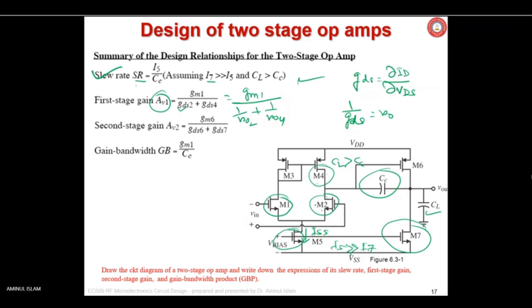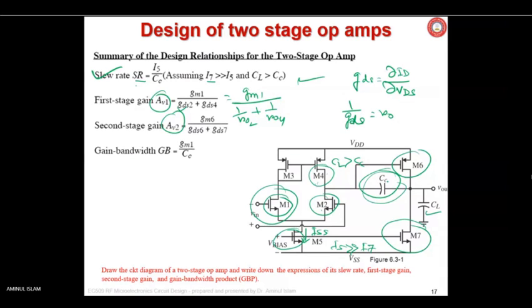So first stage gain will be decided by this, and second stage gain AV2 is the GM of this M6 divided by GDS of 6 and GDS of 7. Gain bandwidth product GBP equals GM1 by CC, GM of this one divided by CC.